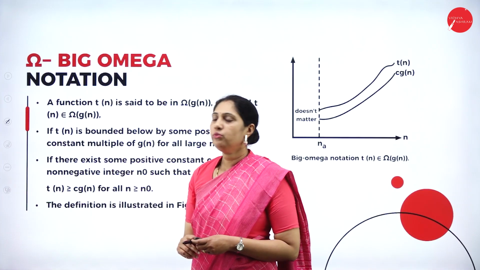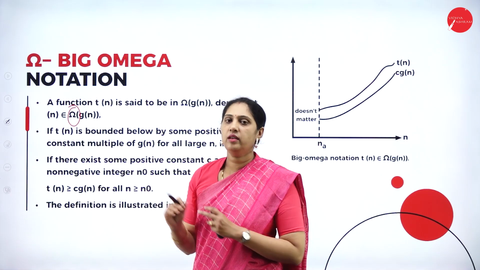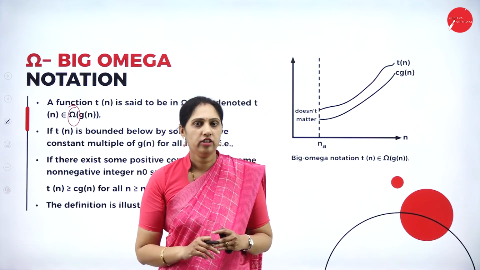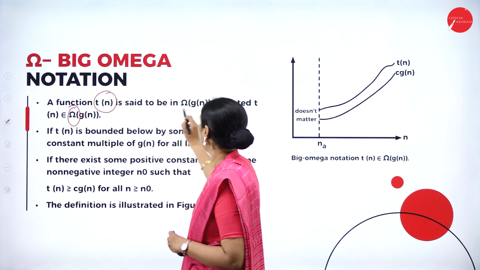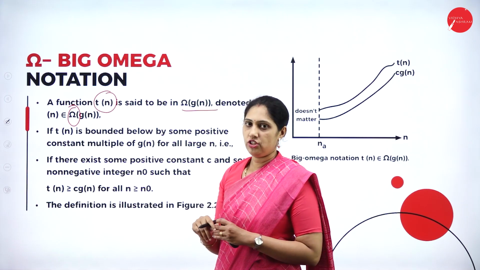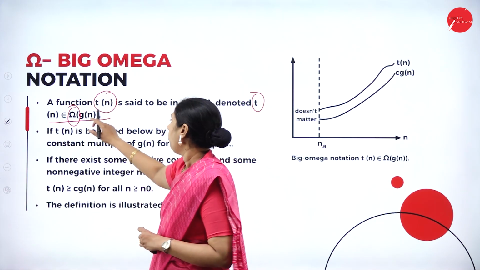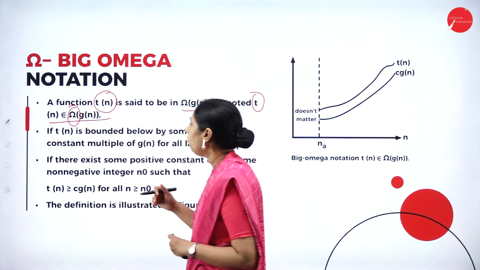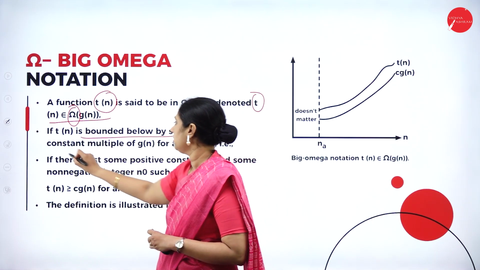Next, coming to what symbol is this? This is omega notation. Again the same old concept, but some constants might change. A function t of n is said to be omega of g of n when t of n belongs to omega of g of n. T of n is bounded below by some positive constant.